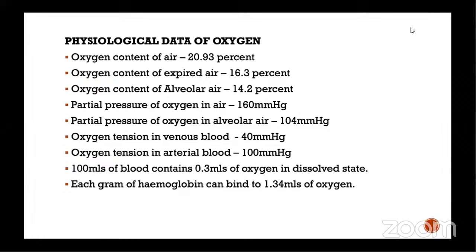The partial pressure of oxygen in the atmosphere is 160 millimeters of mercury, whereas the arterial blood has about 100 millimeters of mercury. 100 mils of blood contains 0.3 mils of oxygen in dissolved state. Each gram of hemoglobin can bind 1.34 mils of oxygen. Remember our Hüfner's constant.